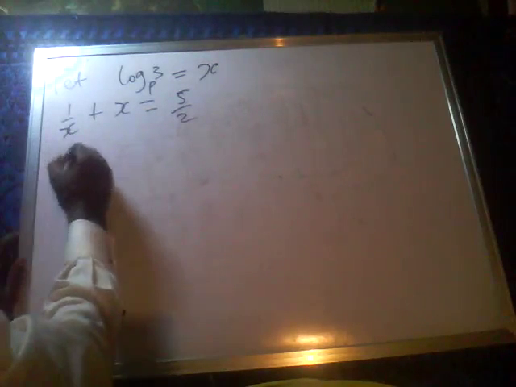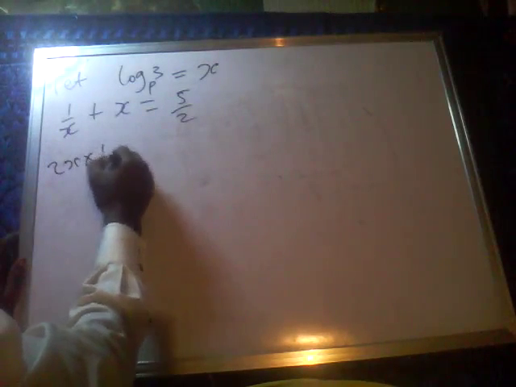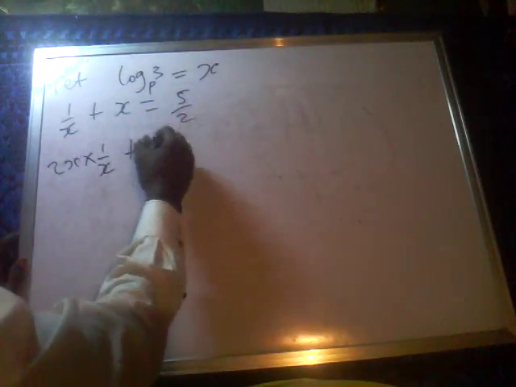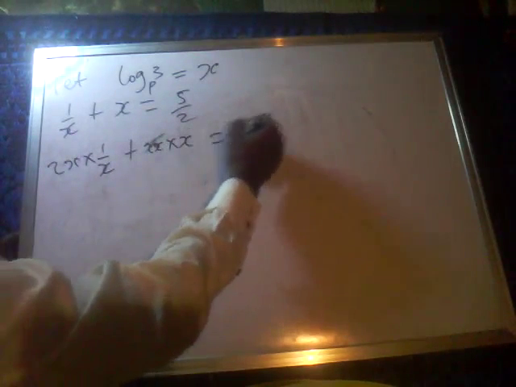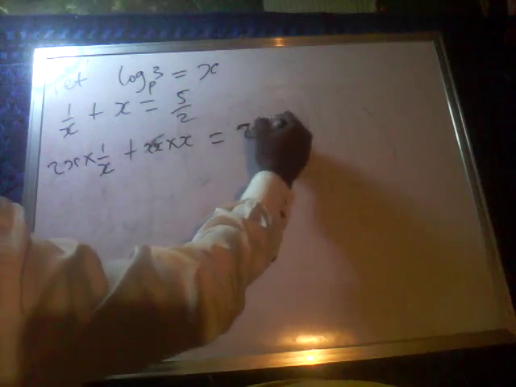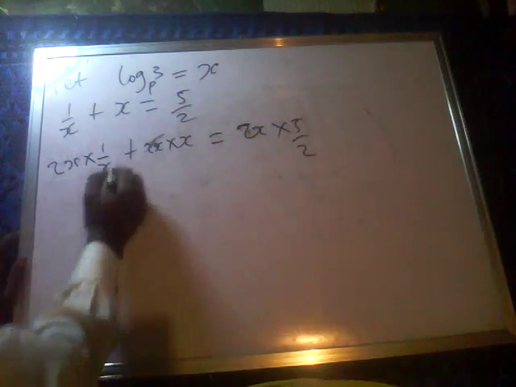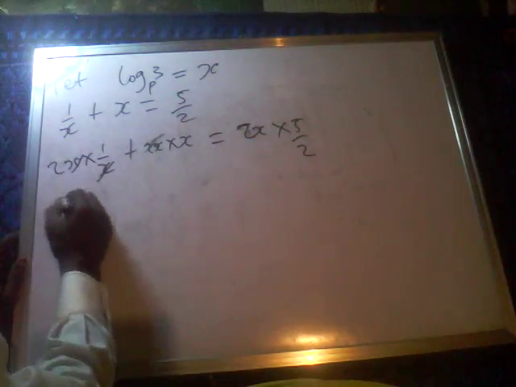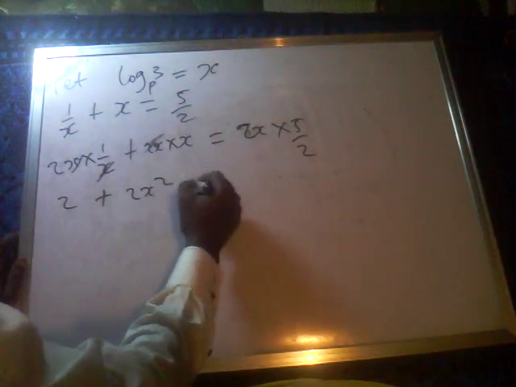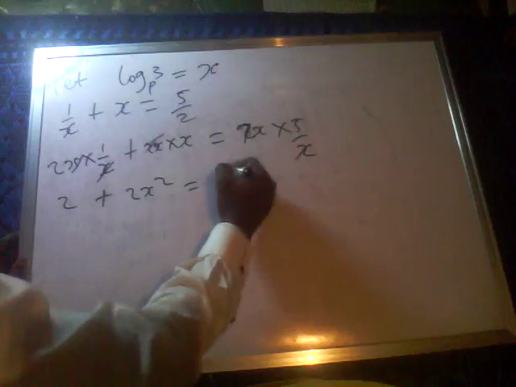So we have 2x times 1 over x plus 2x times x equals 2x times 5 over 2. So x cancels out, and we have 2 plus 2x squared equals 5x.